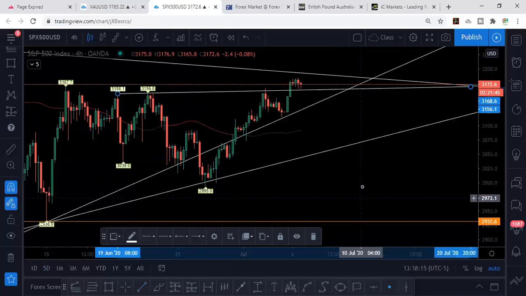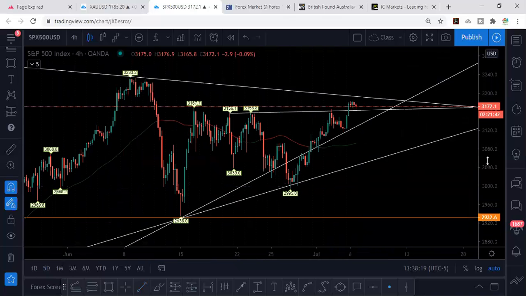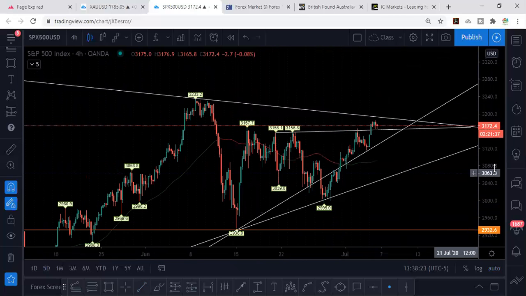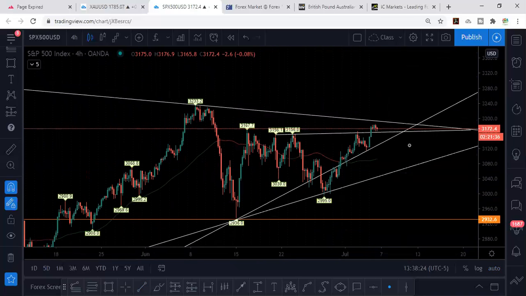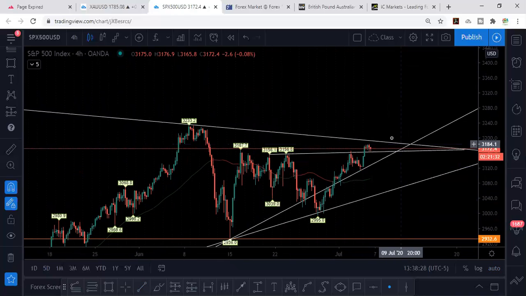If it doesn't break that one support and keeps going up to break the second one, I think that would be a very good buy point. Ideally, this already might be providing us a buy opportunity, but we want a breakout, so that we know that most likely it's not coming back to that level.